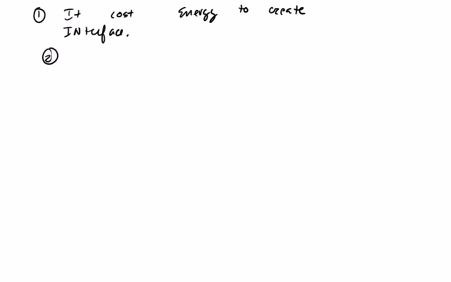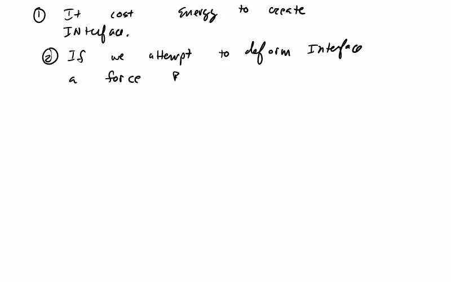And two, if we attempt to deform an interface, a force results. So a quick example. Normally we'll do examples in class, but again, just a quick example of these two consequences.